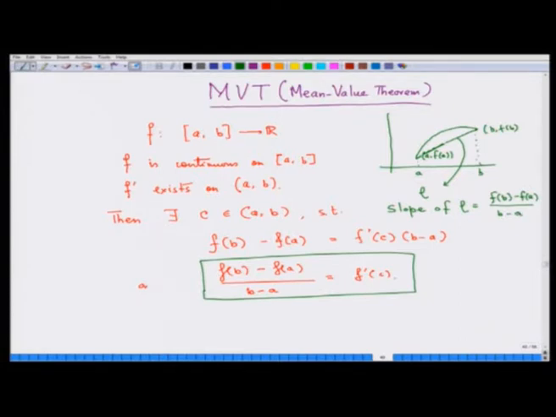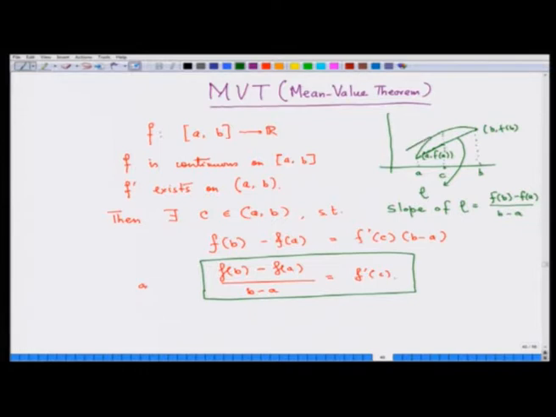What does it tell you? What does this mean? It tells you, okay, it does not matter, I can have a point c lying between a and b. So this is the point c.